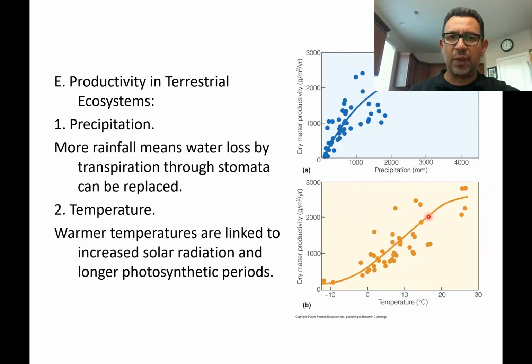Just for your own reference, remember that temperature of about 37 degrees Celsius is the same as body temperature. So if you're looking at a tropical environment, 28, 30 degrees Celsius, that's going to be the same as maybe 90, 92 degrees Fahrenheit. Productivity will be much greater.